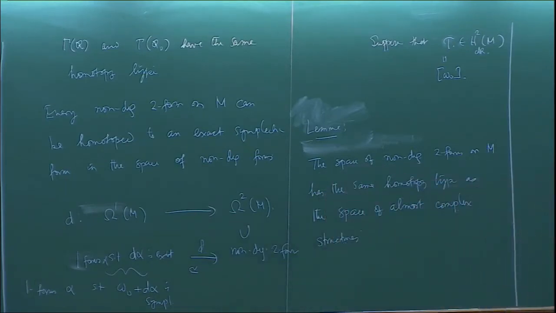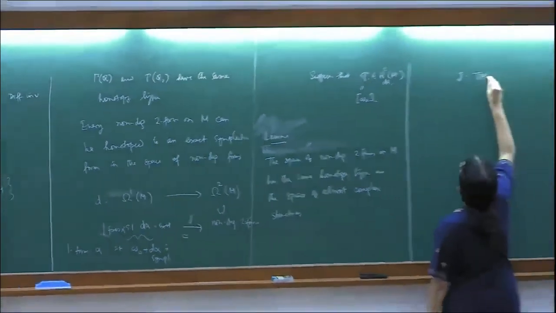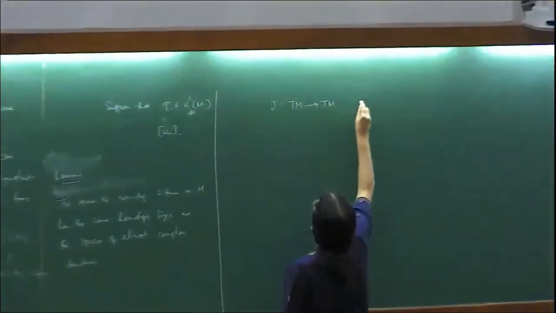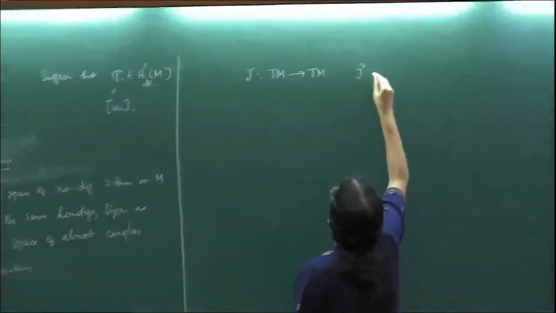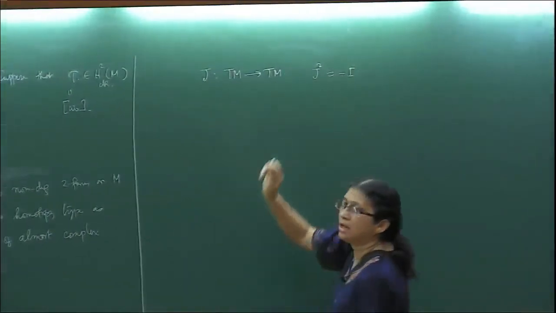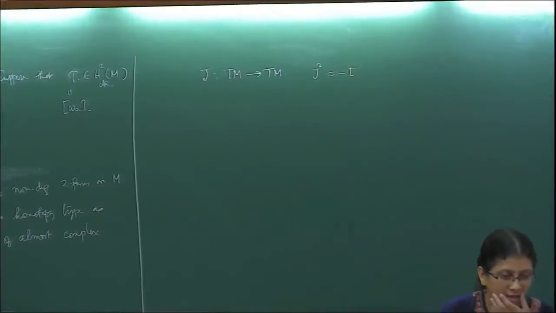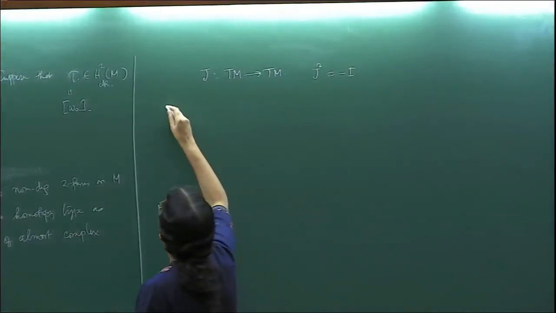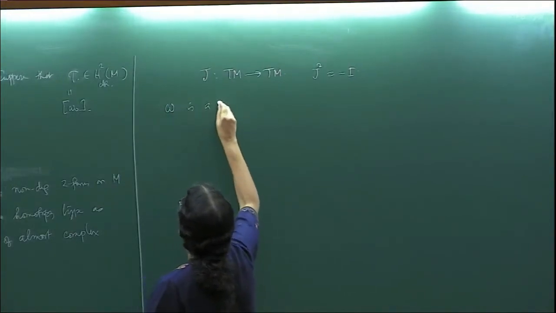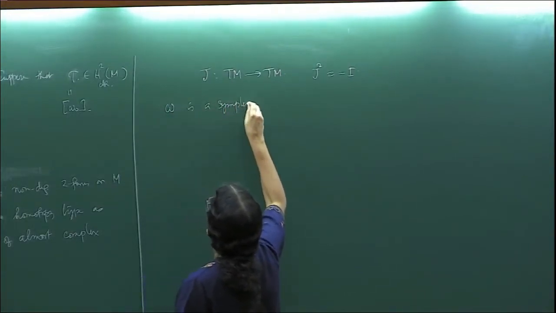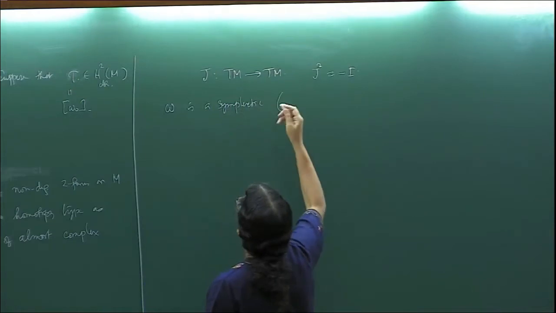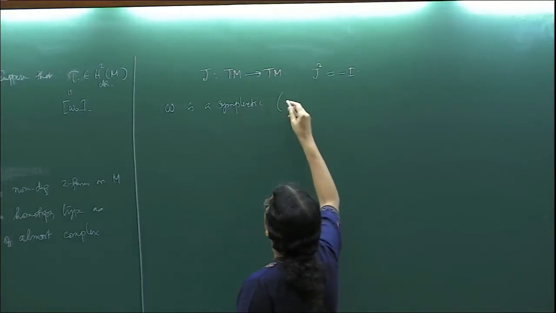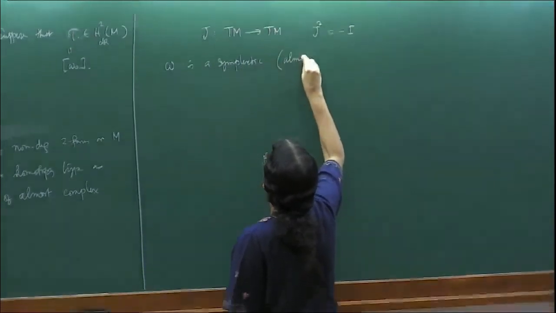Okay. So what is an almost complex structure? We know that this is a bundle map such that if you compose J with J, then we get the identity. Now given any symplectic form, suppose omega is a symplectic form. This argument will hold also for almost symplectic forms.